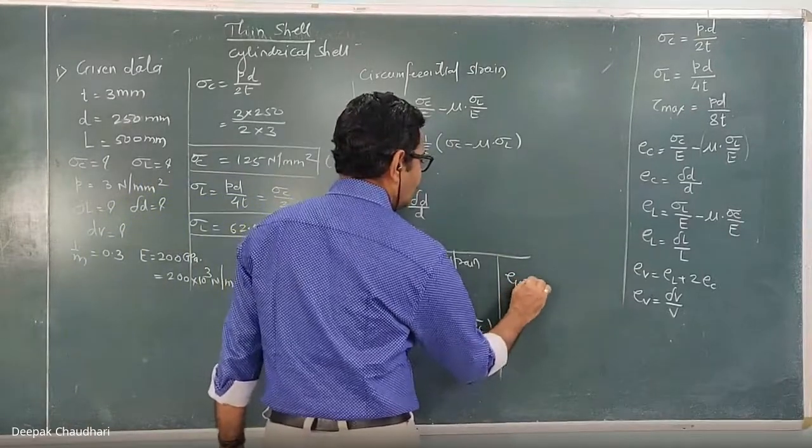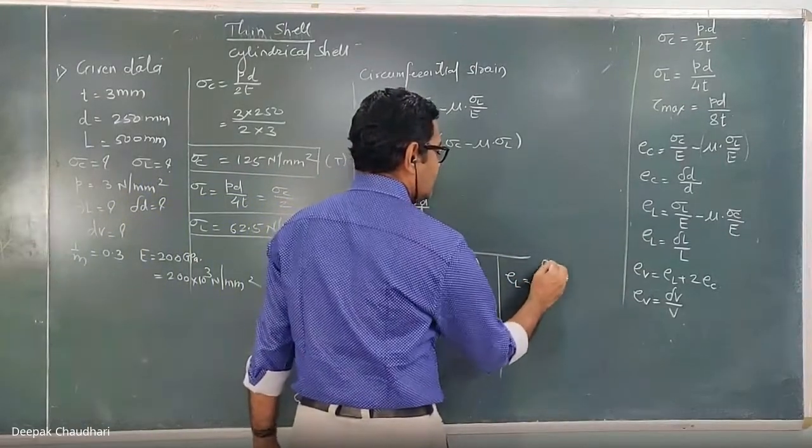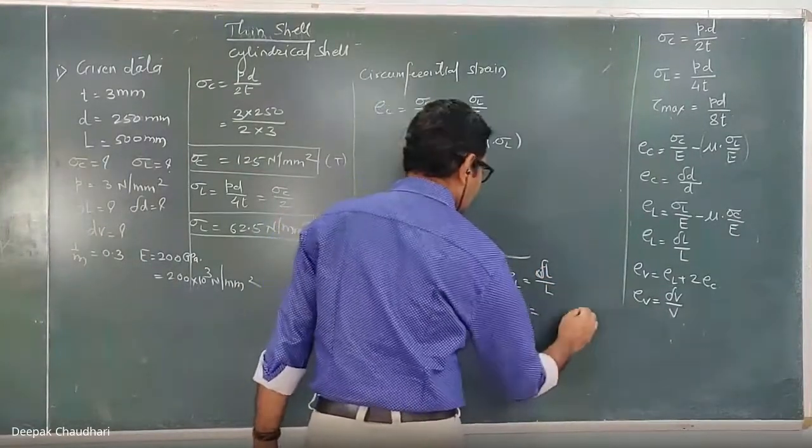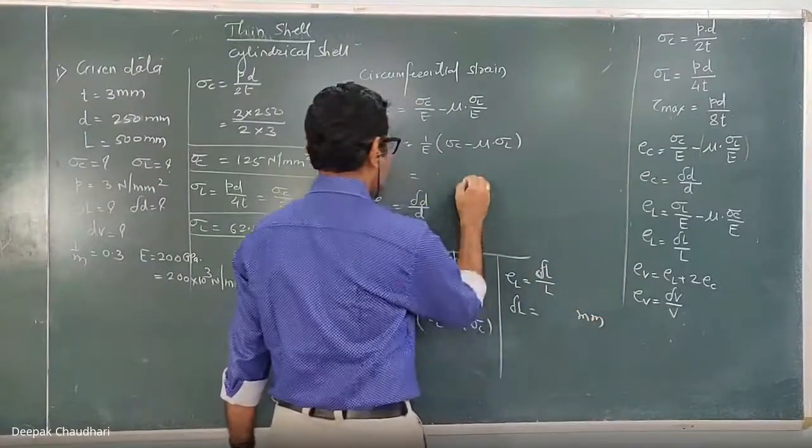And this longitudinal strain equals the change in length upon original length. Original length is given, so from this you can get the change in length, which is in millimeter. This is also in millimeter.